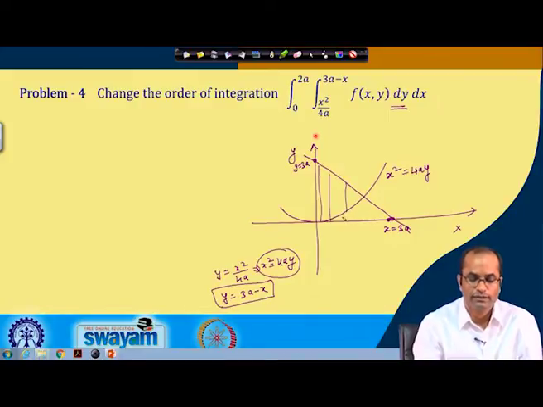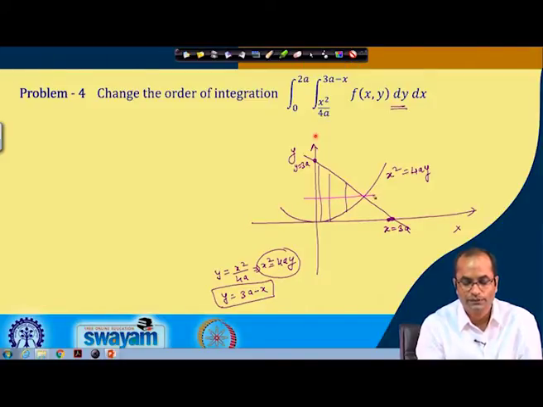So, this is the direction for y, from the parabola to the line, and now we want to change the order of integration. That means, in the direction of x we have to draw a line parallel to the x axis, and again we have the situation which we discussed earlier, that there will be two domains.